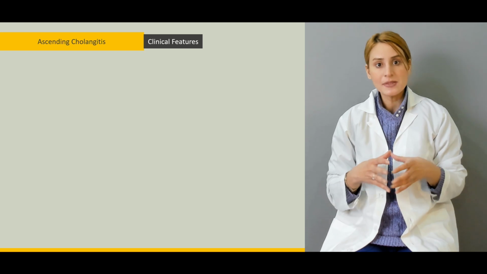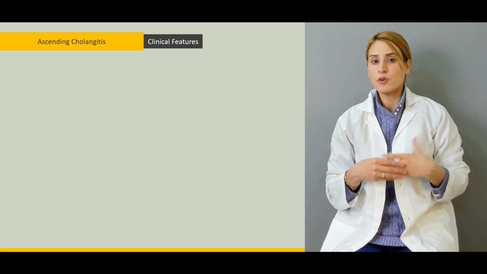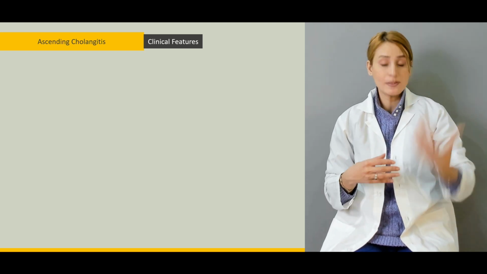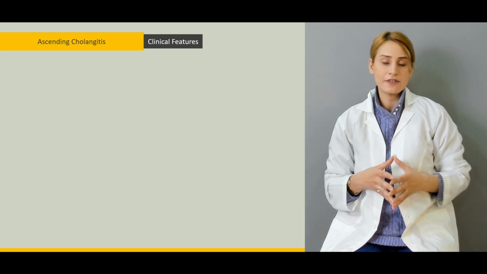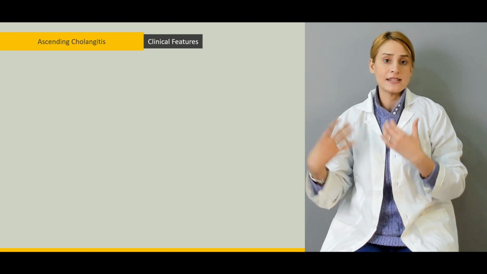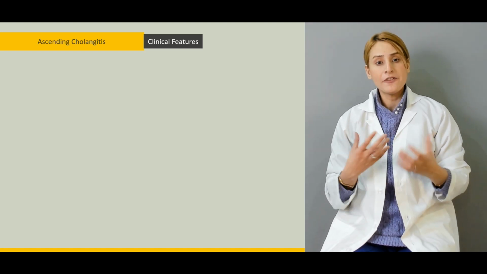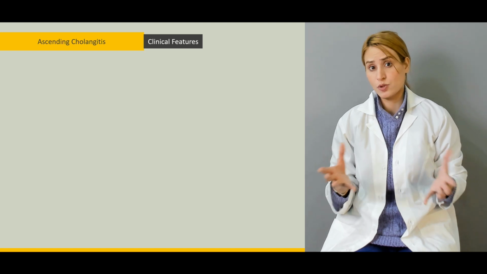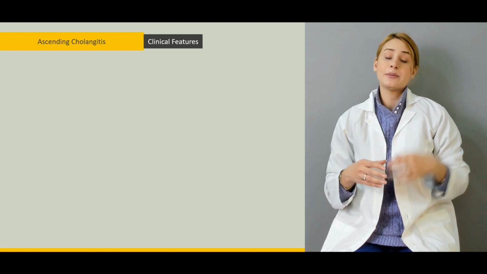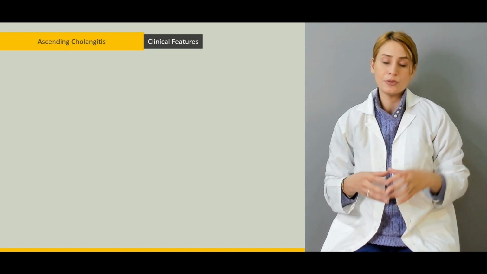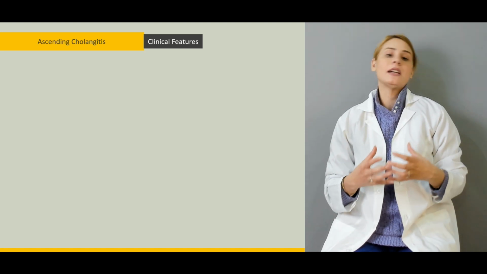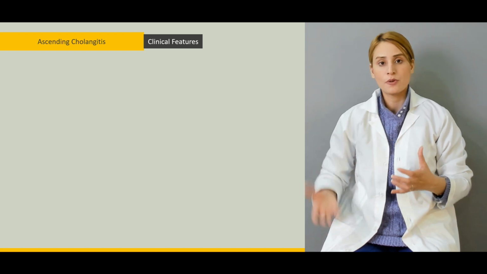Sometimes, if the patient is already known to have cholelithiasis, and you try to get the history out of that patient, he will tell you that I actually have gallstones. If there is a clinical picture of obstructive jaundice and the patient is complaining of yellowish sclera, dark colored urine or pale colored stools, that means there is a possibility of obstructive jaundice along with the right upper quadrant pain.